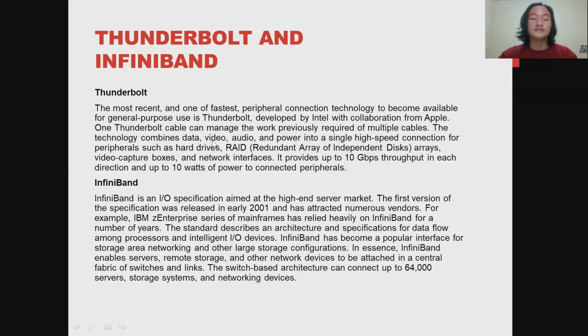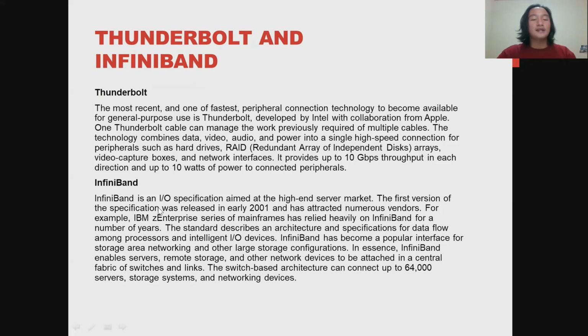The technology combines data, video, audio, and power into a single high-speed connection for peripherals such as hard drives, RAID (redundant array of independent disks) arrays, video capture boxes, and network interfaces. It provides up to 10 gigabits per second throughput in each direction and up to 10 watts of power to connected peripherals.